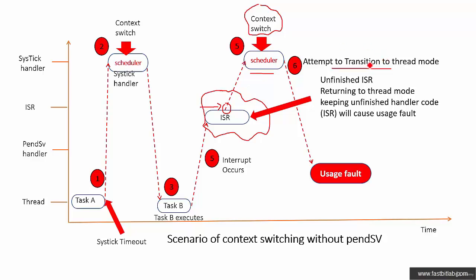That's why the processor will not allow you to come to thread mode. Rather, it raises a fault. The exact fault is a usage fault. That's the reason why we don't do context switch operation inside the SysTick handler. Rather, we postpone it to the PendSV handler.